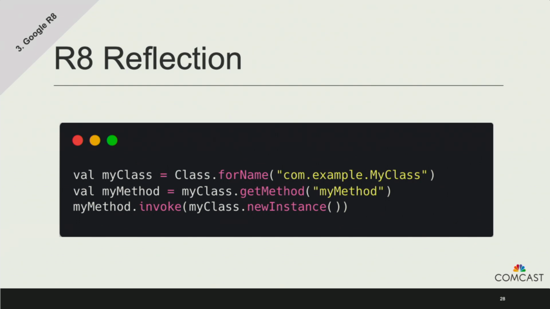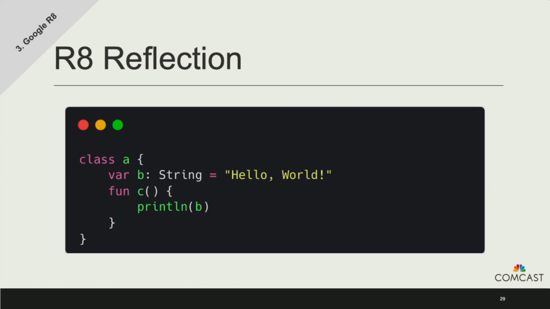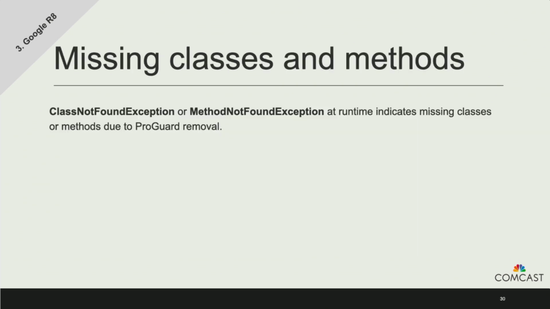I'm calling a string, and R8 won't change the contents of a string. So it won't find my method. If I were to run it and call this class by reflection, I'll hit class not found exception, method not found exception. And this is the typical pattern: you add a new class, you turn on R8, and poof, my app is crashing, right?